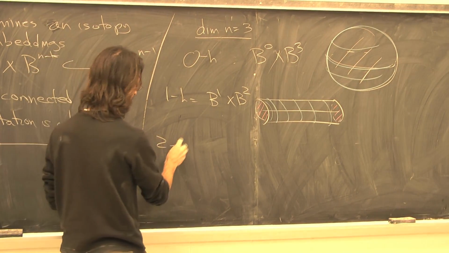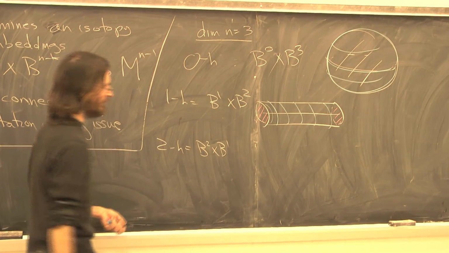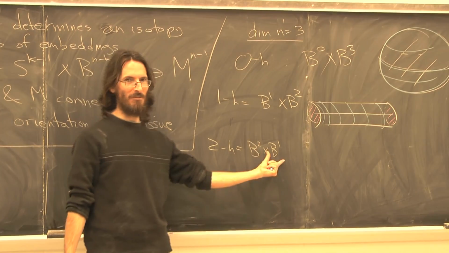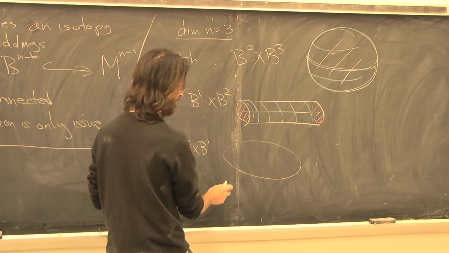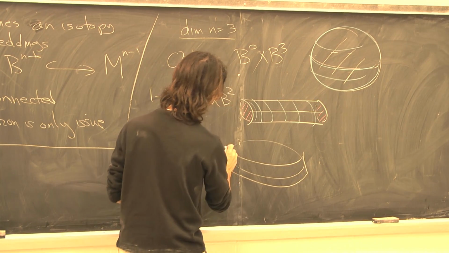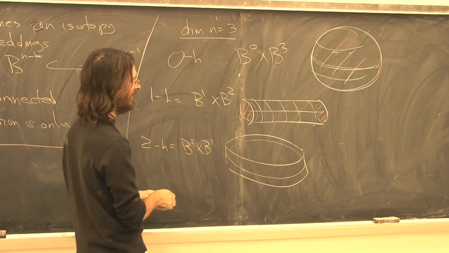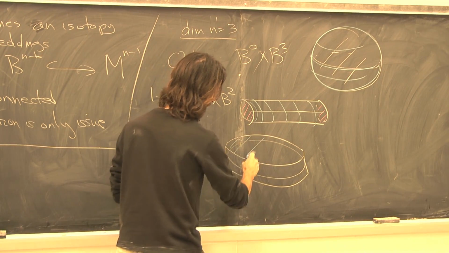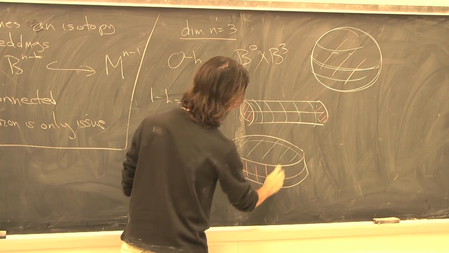Two handle looks exactly the same, but I'm going to draw it differently. I'm going to draw the B^2 big and the B^1 skinny. So B^2 is a disc, so it's a fattened up disc. And then my blue is the top and bottom, and red is the sides.